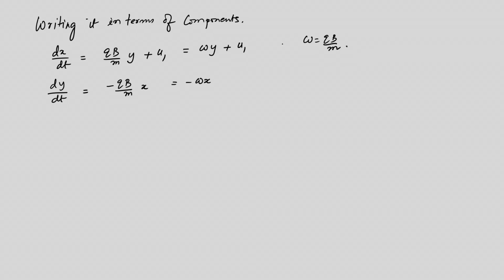So, let us call this equation A, this is equation B, and dz/dt is nothing but u3, which gives us z equal to u3 t.